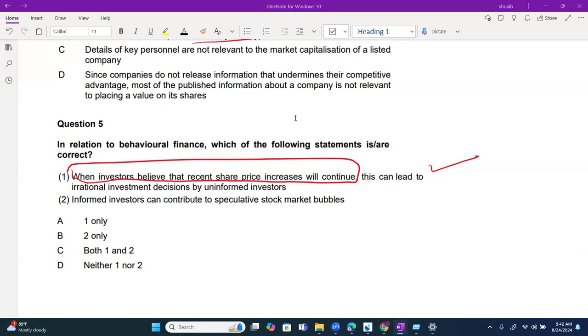Okay? Both are correct. The decision is irrational. So we can say that even informed investors can make irrational decisions.